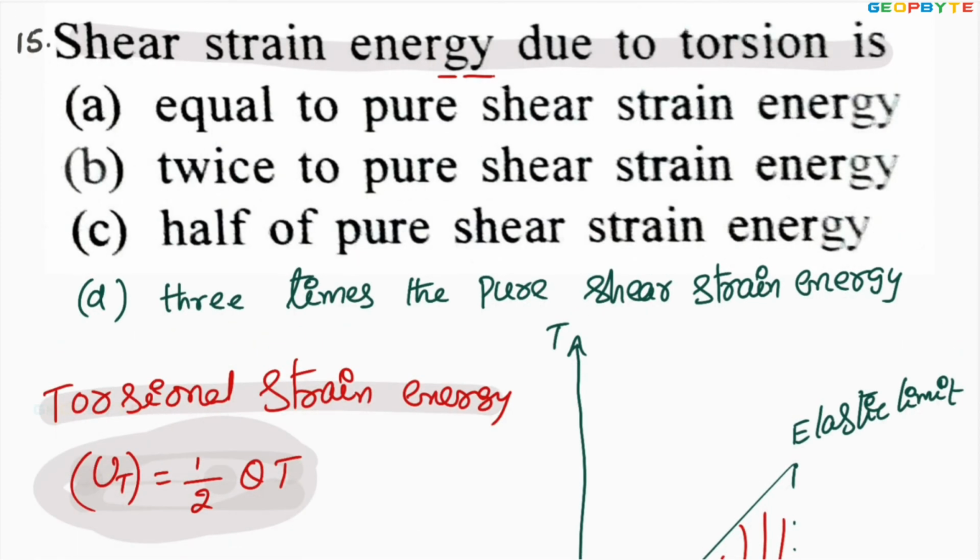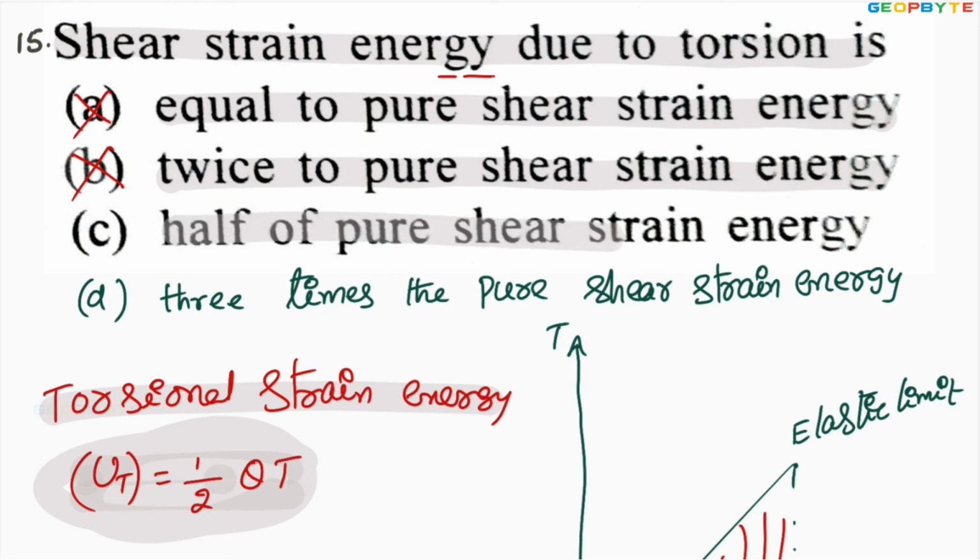Once again, let us read the problem. The shear strain energy due to torsion is equal to: A, pure shear strain energy? No, not at all. B, twice the pure shear strain energy? No, not at all.